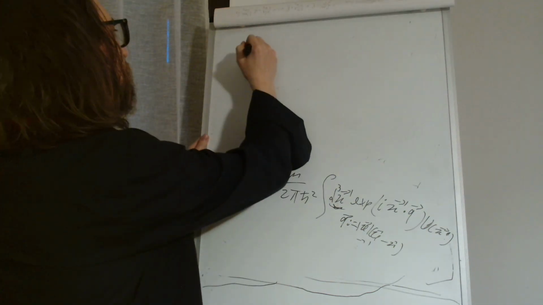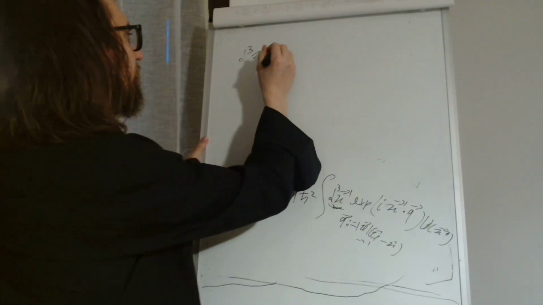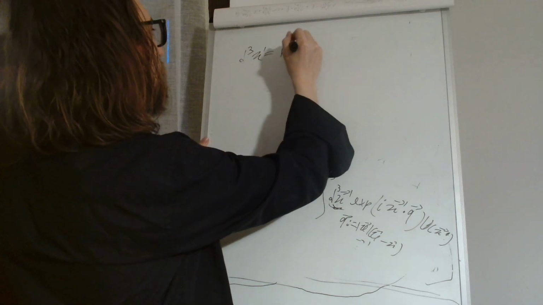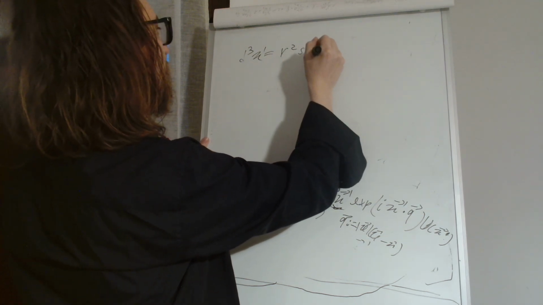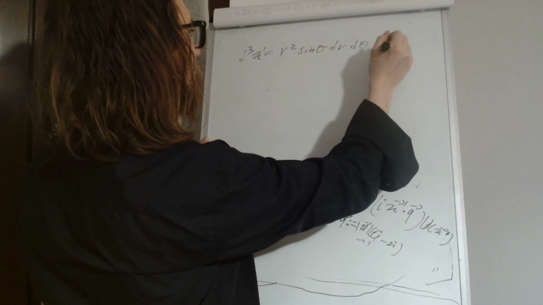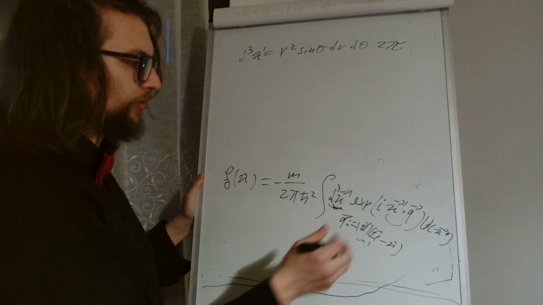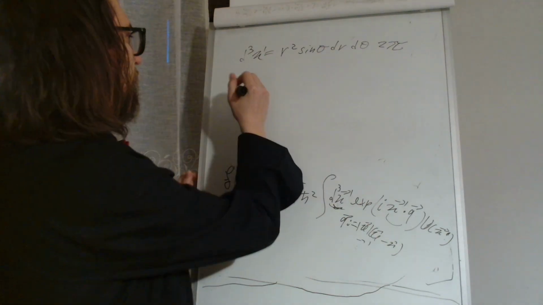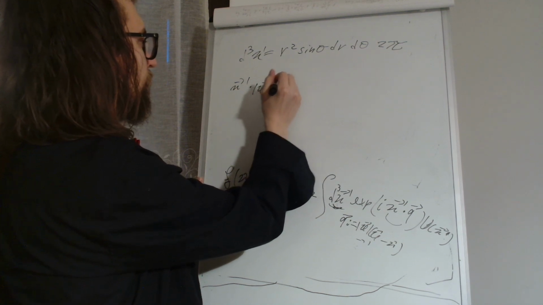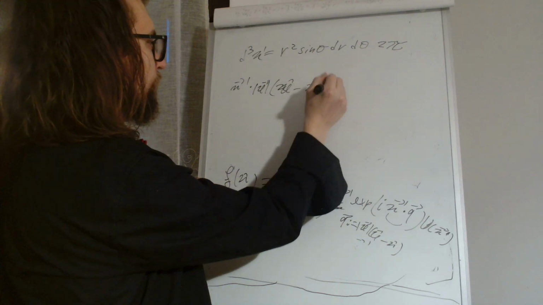And so now we integrate in spherical coordinates, so this becomes r squared sine of theta dr d theta 2 pi, because phi is not contained in the integral, because now this term here we can write it like this, k minus x.